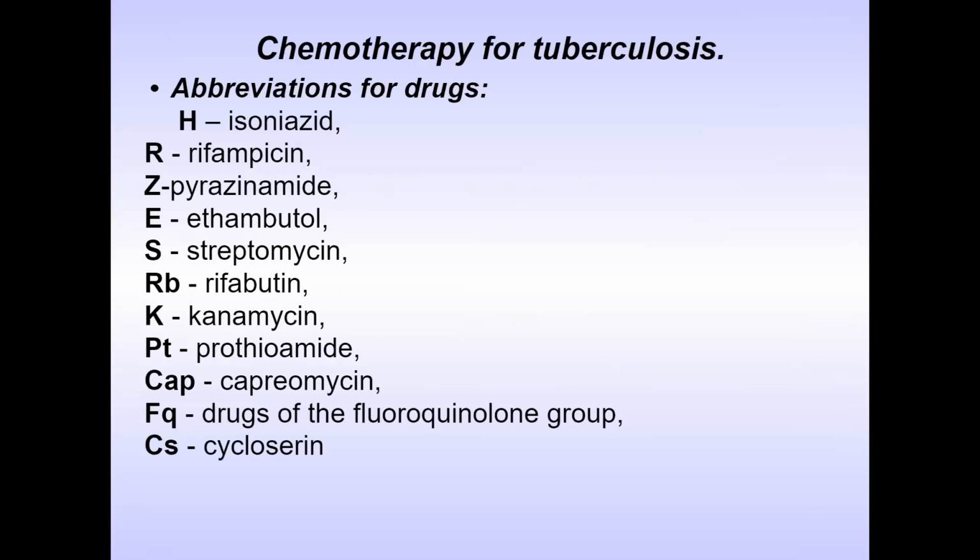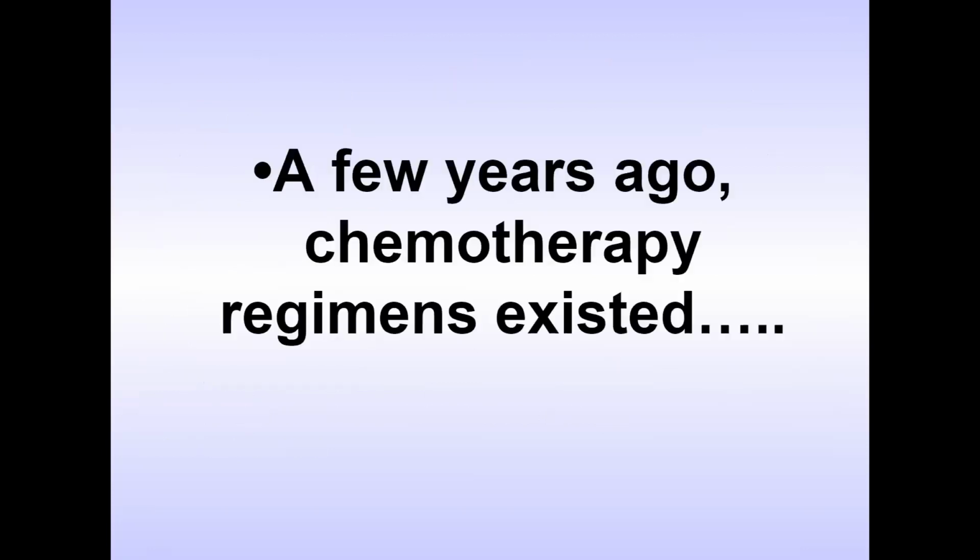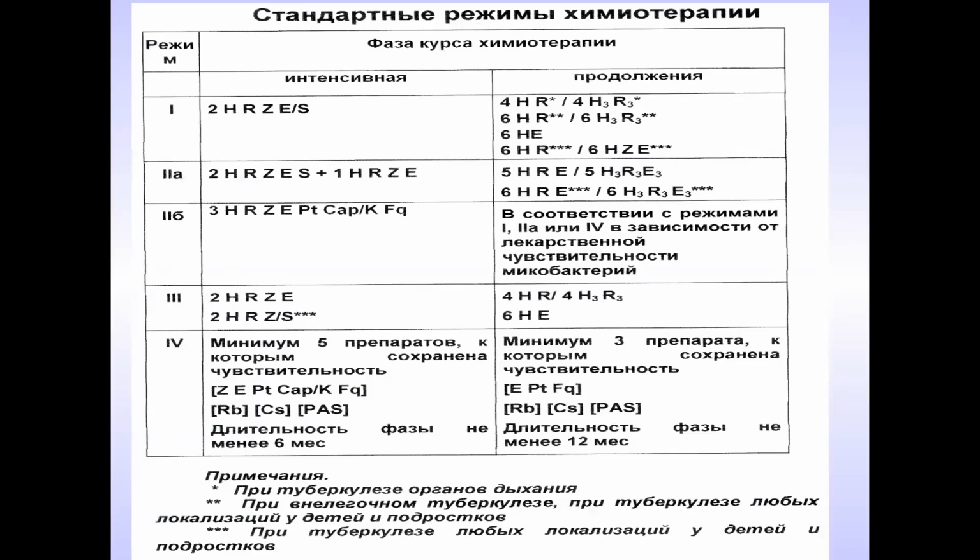Chemotherapy of tuberculosis. The abbreviations for drugs, you can see in this picture. It is important to know. A few years ago, standard chemotherapy regimens existed. You can see this picture of the standard for treatment.